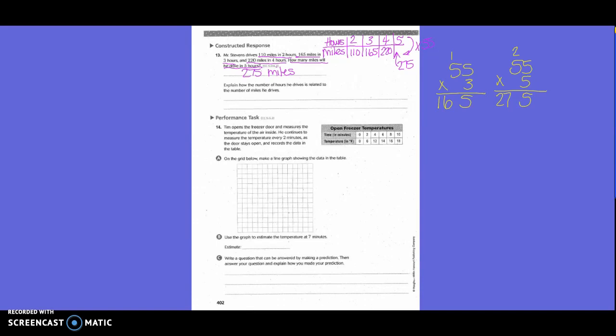Okay, so for every hour he drives what? 55 miles more than the previous distance.